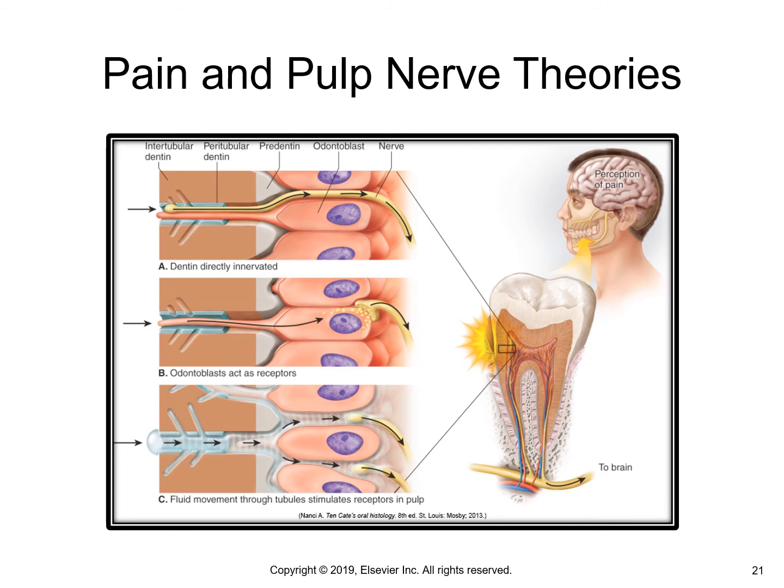You can see that the odontoblast is receiving the impulse and it's being picked up and sent to the brain. Then the last image shows fluid movement through the tubules, stimulating receptors in the pulp and causing that sensation of pain. Again, with teeth, the only perception we have is pain.